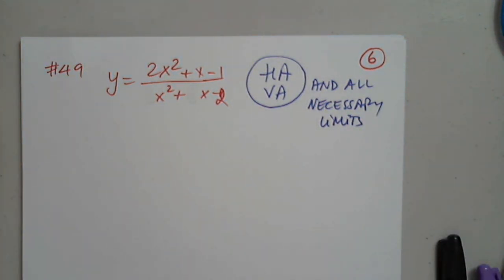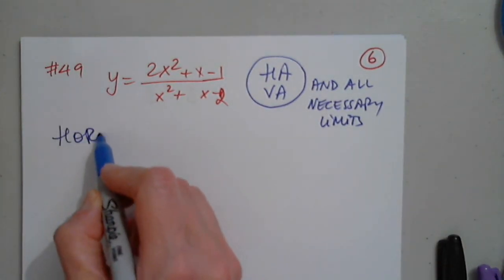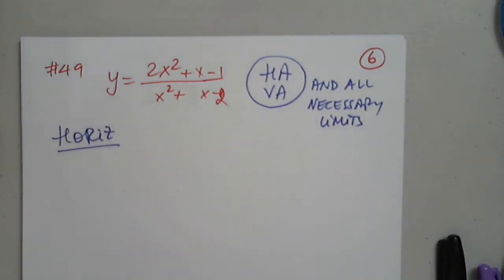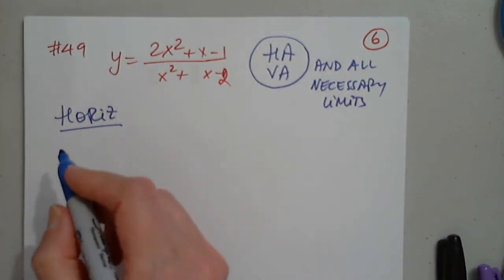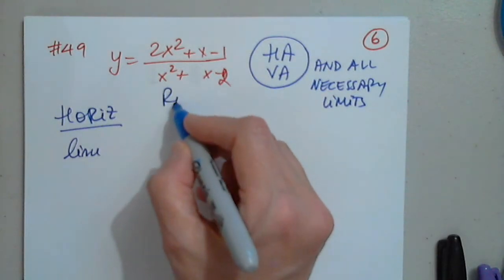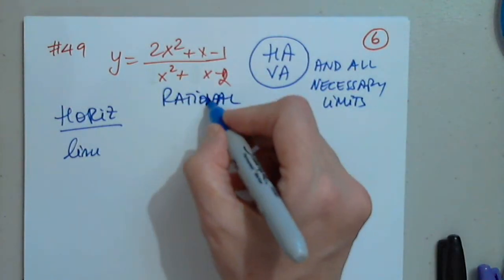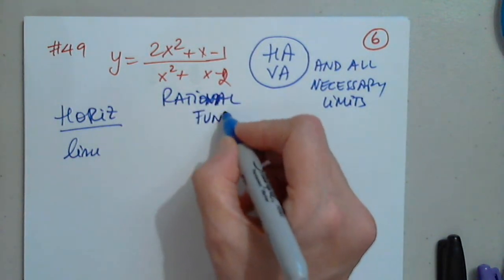Okay, so first I will start with horizontal. It doesn't matter, you can start with vertical. It's really not important. So for horizontal, I know I have to find the limit since it's a rational function.